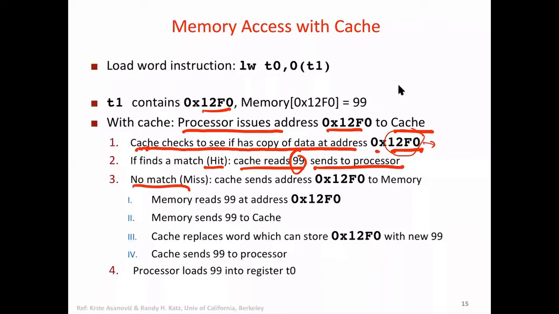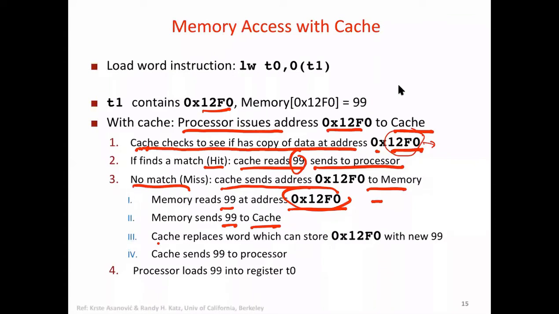And if there's no match, or it is a miss, then what will the cache do? Then the cache will fetch that from memory. Here we are assuming not really a second level cache, but main memory. The cache sends the address to memory. Memory reads at this location, which has content 99, and then memory sends this content to the cache.